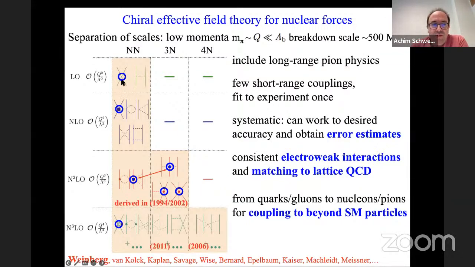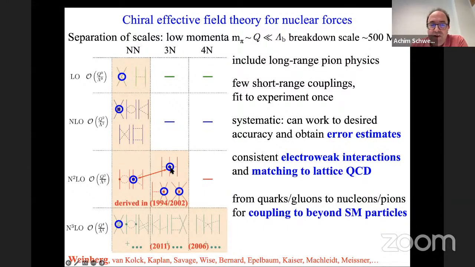So it's true that in terms of contact interactions, there are many contact interactions that need to be determined and fit to experiment. What I meant in terms of there being fewer couplings is related to the many body interactions, and they start only at higher order themselves, and they have a lot of couplings that are shared between the 2 and 3 body world.